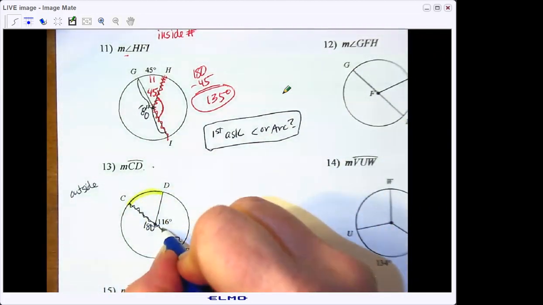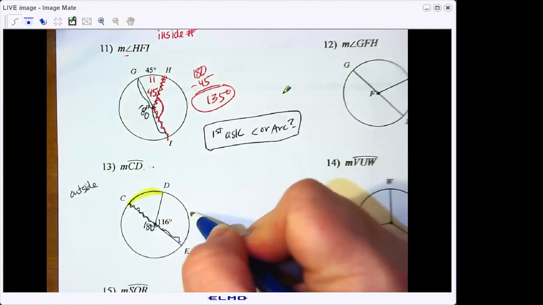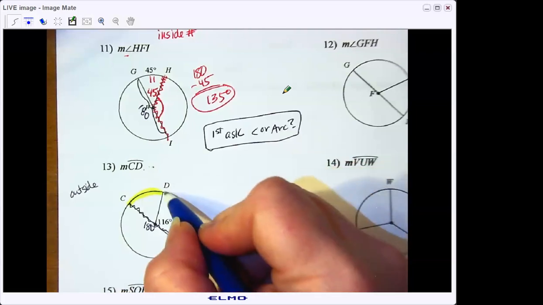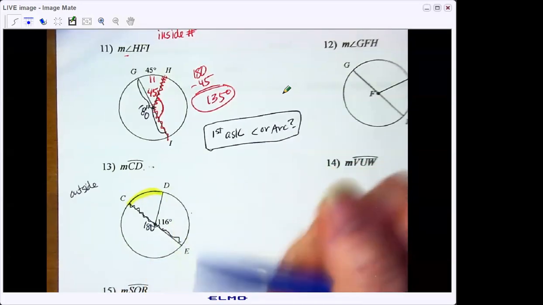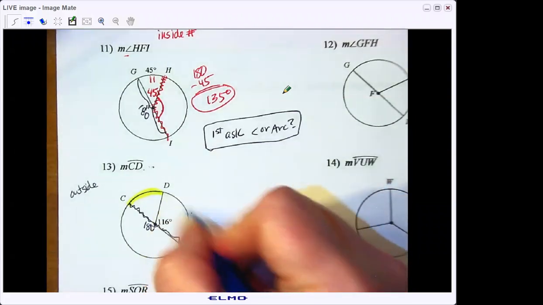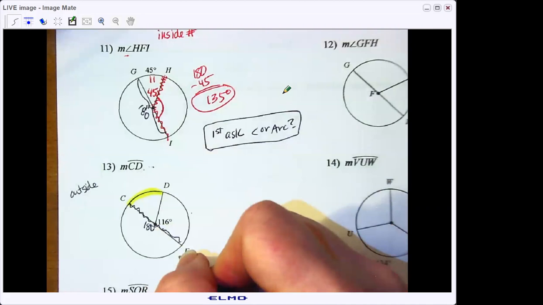If this central angle is 116, somebody tell me, how big is your arc? 64. Well, the arc itself, though, you went ahead and got the answer. But this arc over here is going to be how big? Okay, Josh got it.